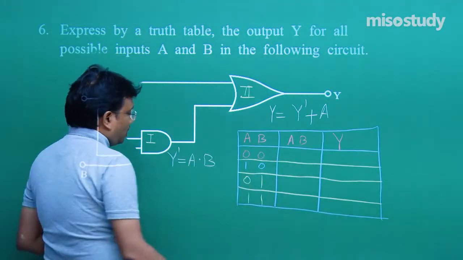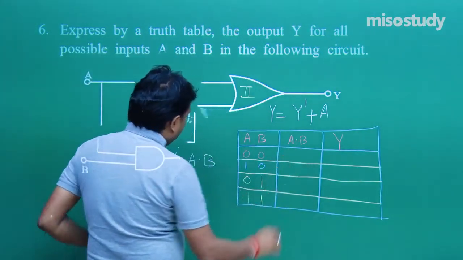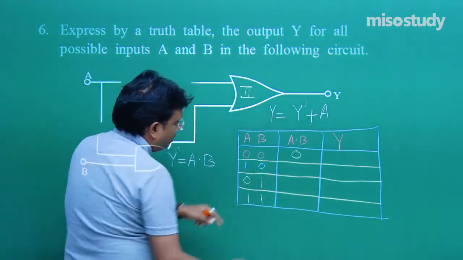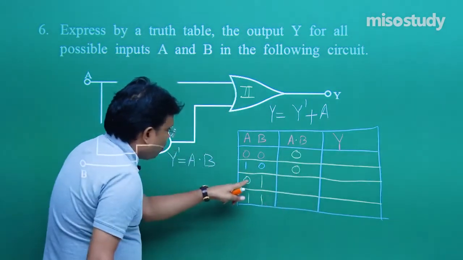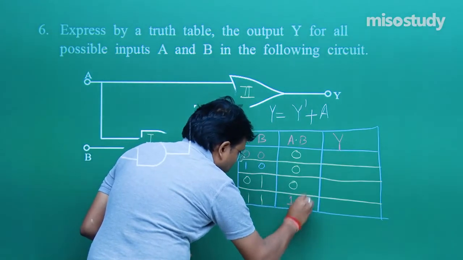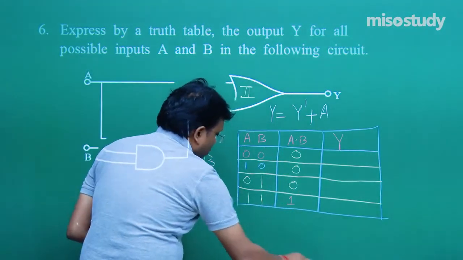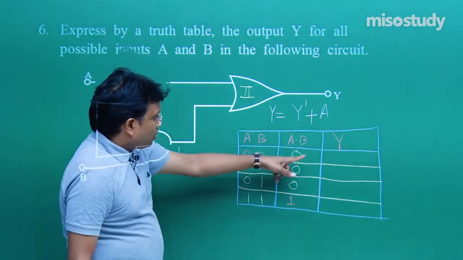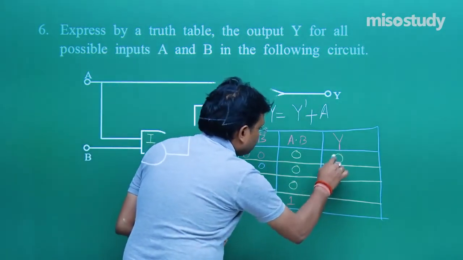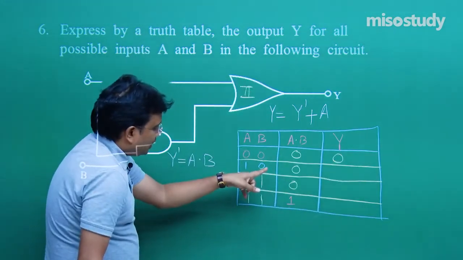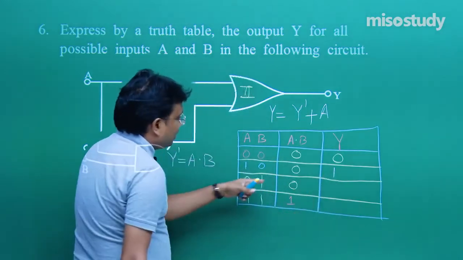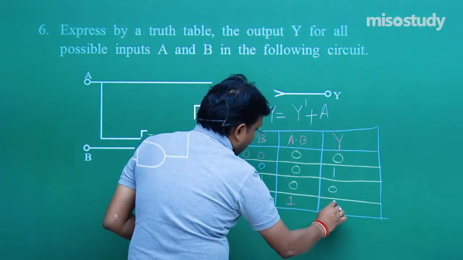Now, it is your dot, and so low low low, high low low, low high low, and high high high. Similarly, over here low, so it is going to be low, then low, then for this one it is going to be y prime plus A is equal to high, then it is again low, and it is high.